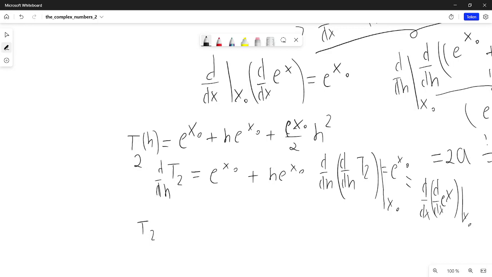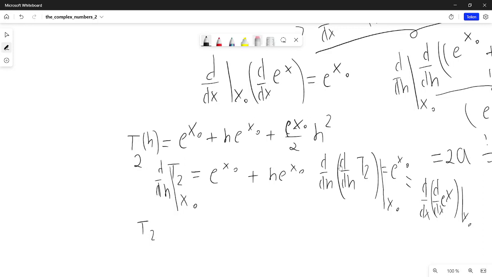Well, it's simple. You see, this derivative which we want, this derivative actually at x0, right? Because we want to approximate at x0, so we want the derivative at x0.